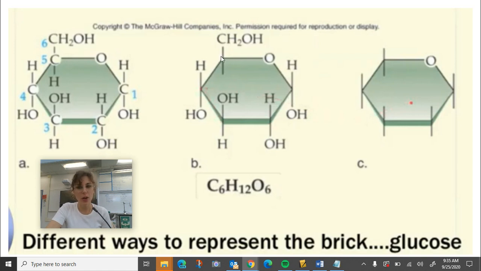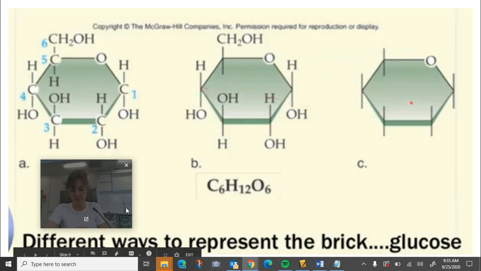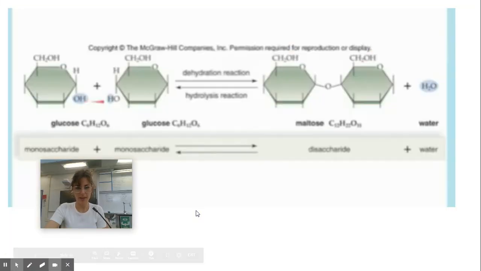And then you could also very likely just see it like this, where there are no carbons present. You don't even see the chimney. And you just assume, when you see this shape, that this is a representation of glucose, the monomer or the brick for carbohydrates. Okay.